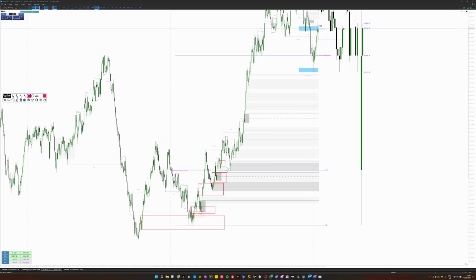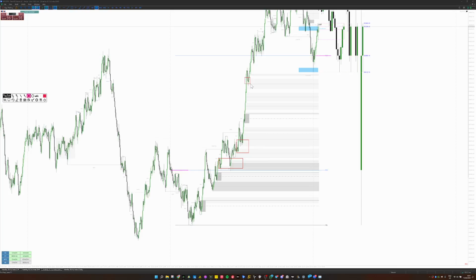Another hit here, and this is overall a market maker buy model. This was the low, manipulated, and we traded back down here, and once we had already taken these lows, we just ran for the rest of the day and just took off.